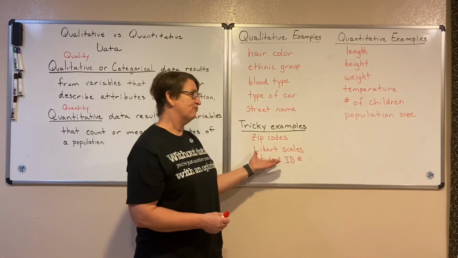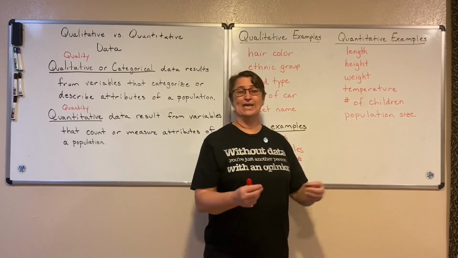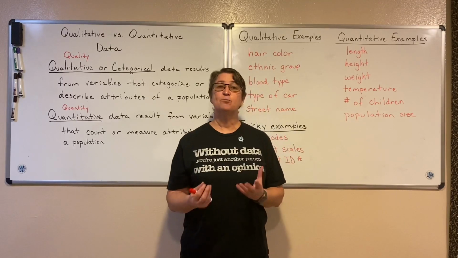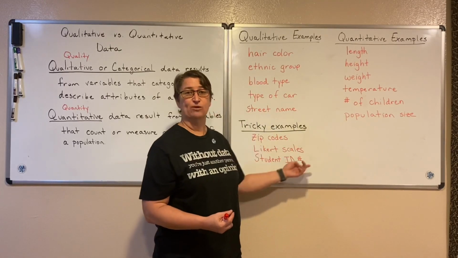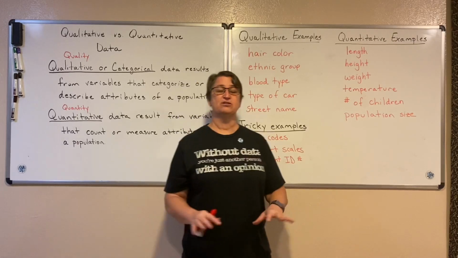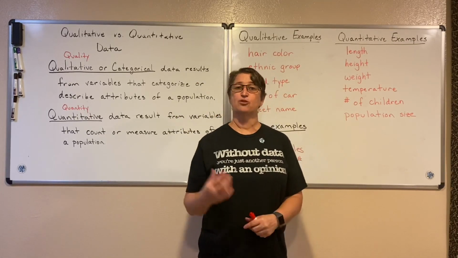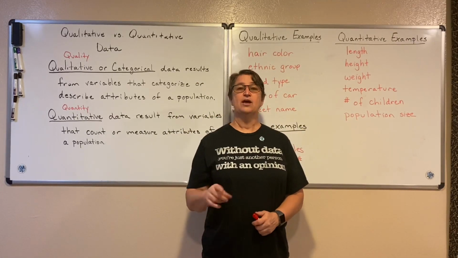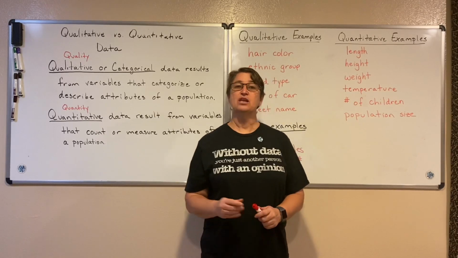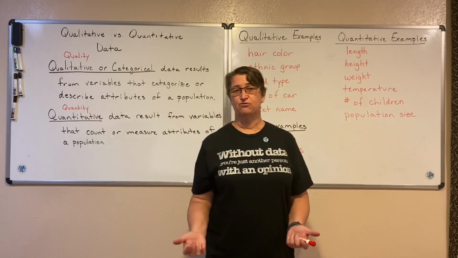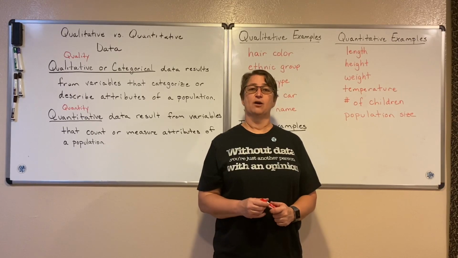So the type of math that we do as we analyze our data is dependent upon what kind of data we've collected. So we need to be able to describe those variables as we go along. In the next video, we'll look at the levels of measurement for these various types of variables.